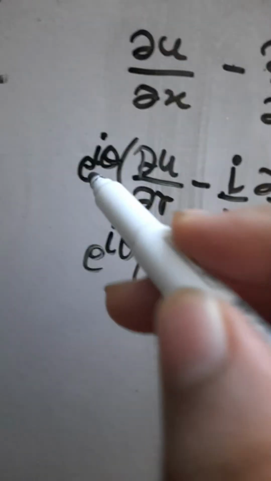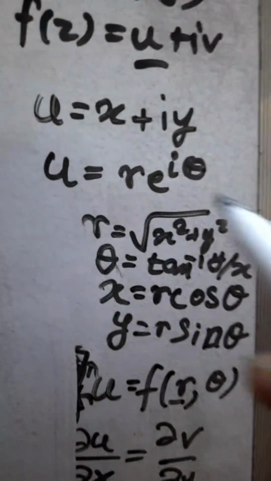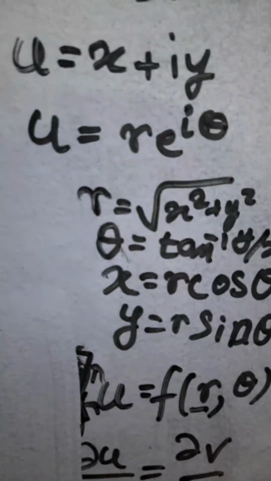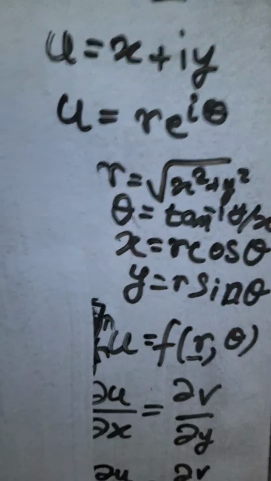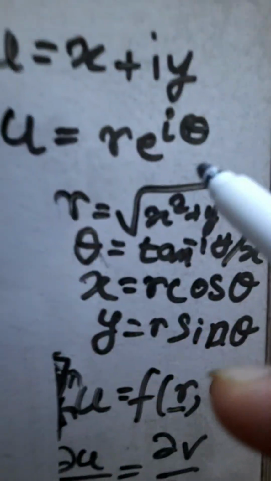And this uninvited guest e raised to i theta is there because in Cartesian form we have z equal to x plus iy, and in polar form we have z equal to r e raised to i theta. So i theta is there.